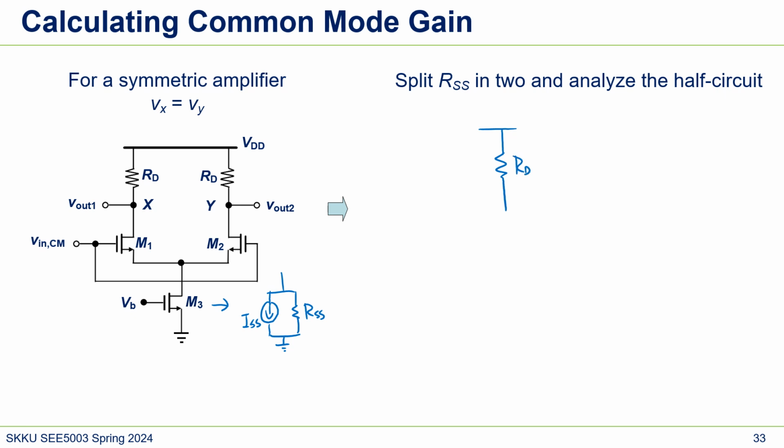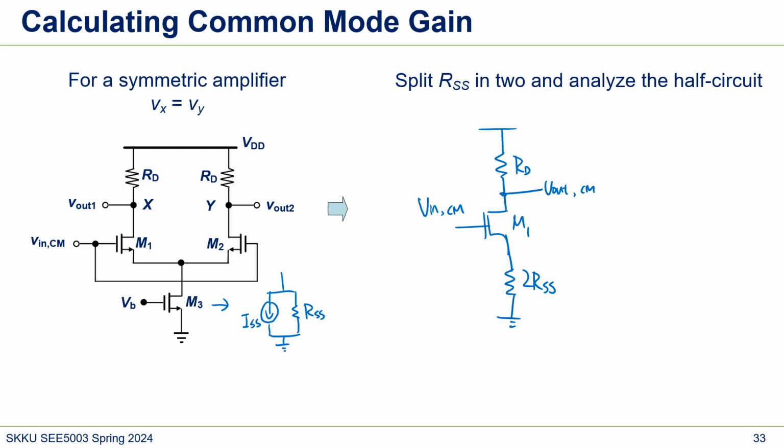If we split them, this is M1, and this part is important: it will be 2RSS, and here is V in common mode, and this will be V out common mode.